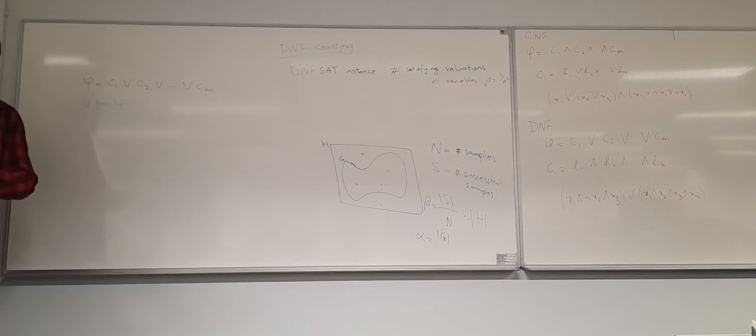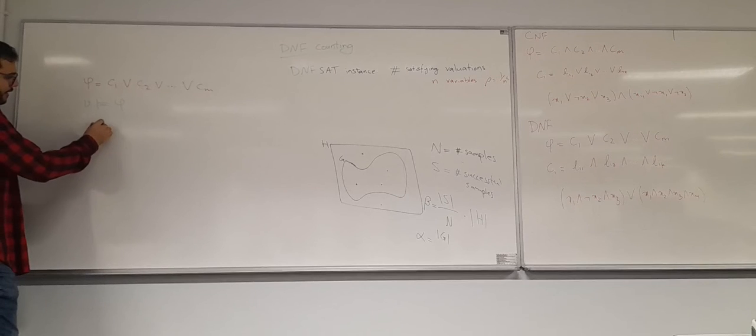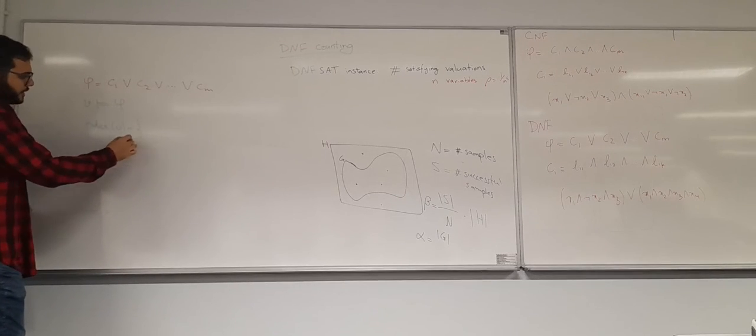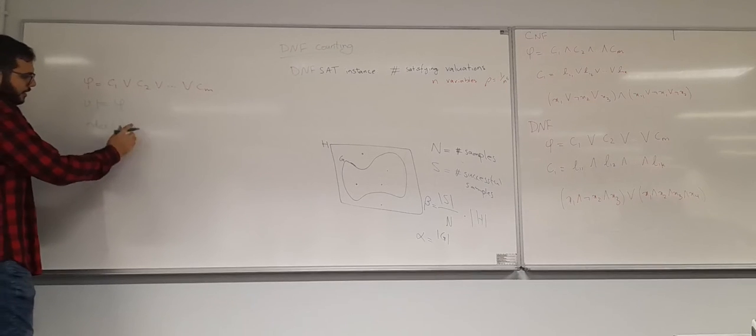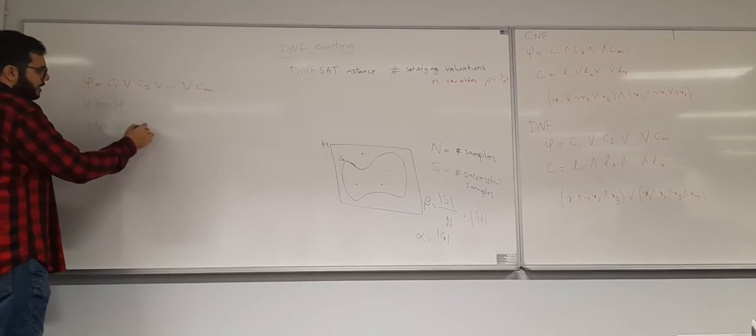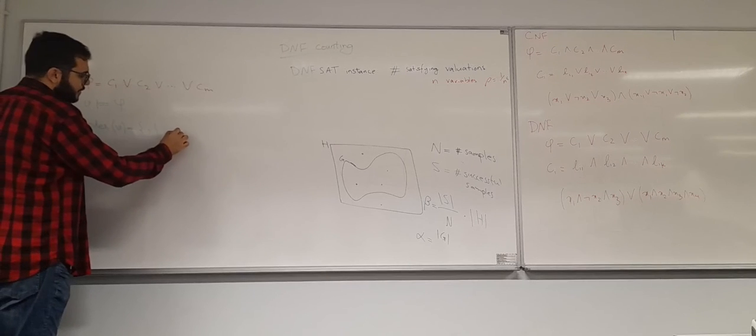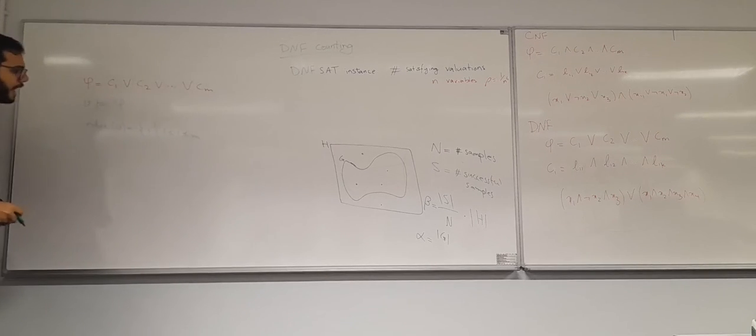I'm going to just take the first clause that is satisfied by V, and I'm going to call that the index of V. Okay, so the index of V is just the smallest i, where i is between 1 and m, and it's the smallest i where V satisfies Ci.